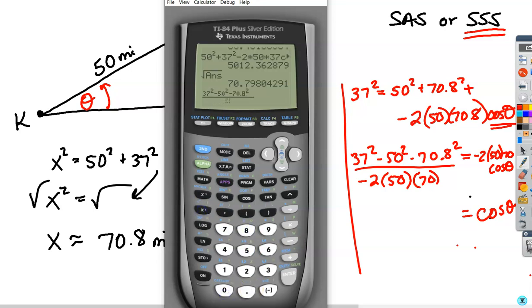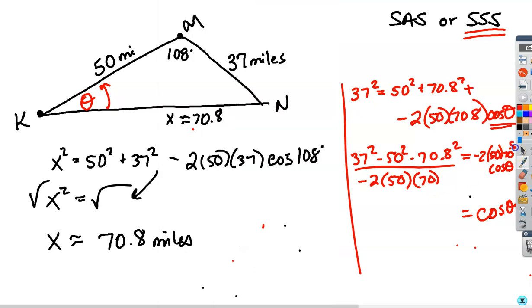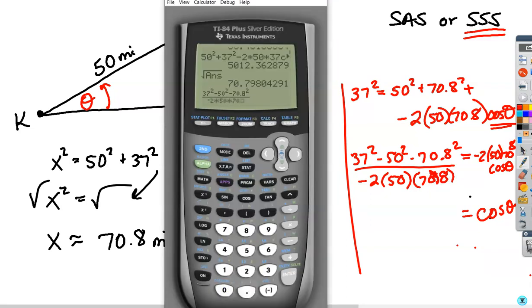Again, I know that's rounded, so it's going to be a little off, but it's not too bad. On the bottom, I have negative 2 times 50 times 70.8. Okay.